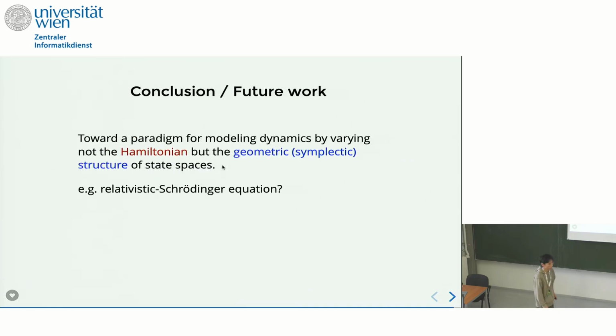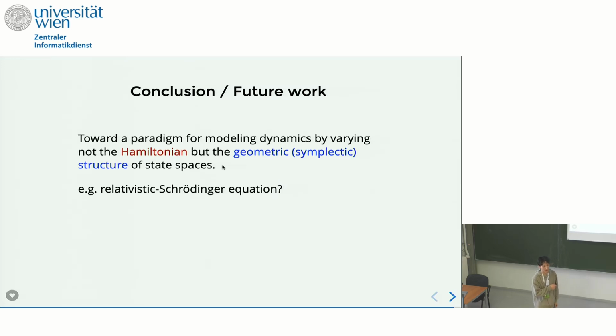And then, concluding and future work. I hope to make some kind of paradigm in which people vary not only the Hamiltonian, but also the geometric or symplectic structure of the state space, for modeling many kinds of natural phenomena, like the relativistic Schrödinger equation. For example, people tend to tweak the Hamiltonian of the Schrödinger equation to make it somewhat relativistic, in a way that the speed of the particle never goes beyond the speed of light.